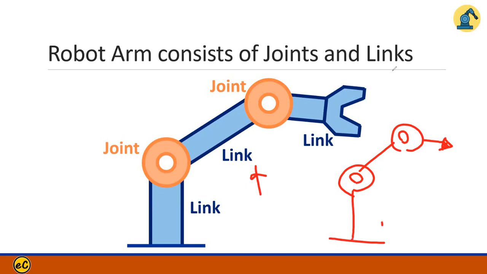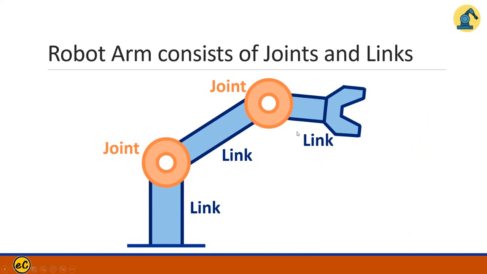So this is the base. We have frame 0 over here, frame 1 over here, frame 2 over here, frame 3 over here. There are two revolute joints. That is the kinematic diagram.